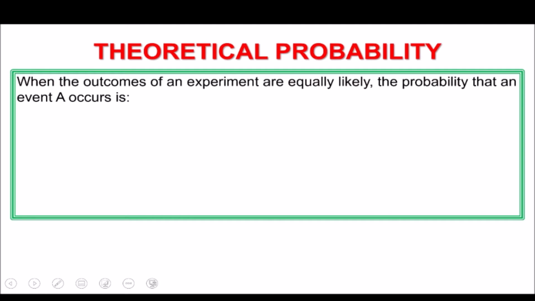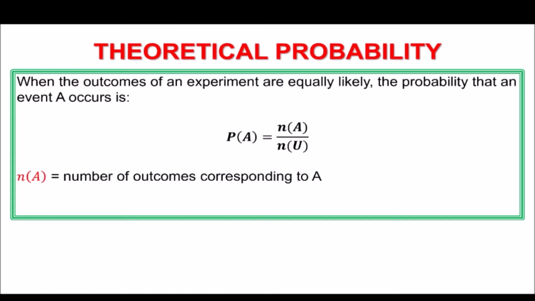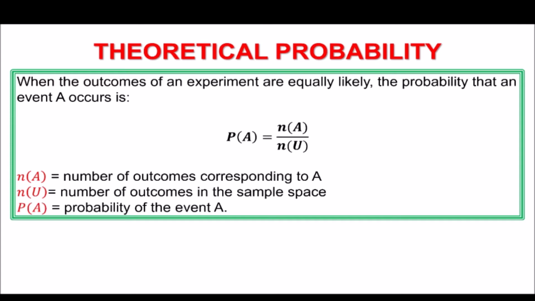So when the outcomes of an experiment are equally likely, the probability that an event A occurs is given by P of A equals N of A all over N of U, where N of A is the number of outcomes corresponding to A, N of U is the number of outcomes in the sample space, and P of A is the probability of the event A. So it is the ratio of the number of outcomes corresponding to event A over the number of outcomes in the sample space.